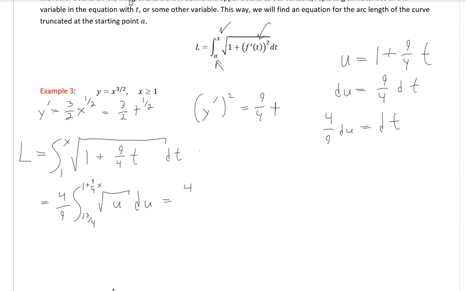This becomes 4/9 u to the 3/2, and that 3/2 will have a 2/3 out here. And then we have this going from 13/4 to 1 plus 9/4 x. So we have overall 4/9 times 2/3. That will give me 8/27.